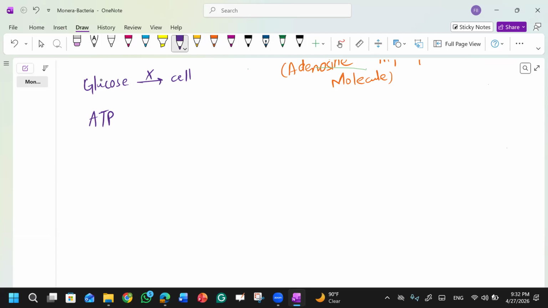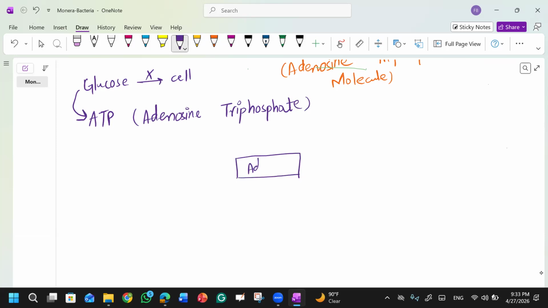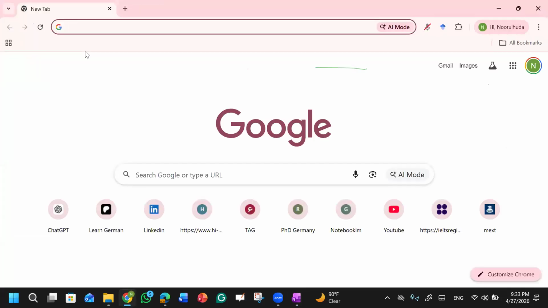What is needed? You need to convert this glucose into ATP. Now this ATP is adenosine. Adenosine is a sugar. This whole molecule is known as adenosine triphosphate. Let's say this is adenosine sugar. I can show you the diagram of the ATP molecule. Wait a minute.